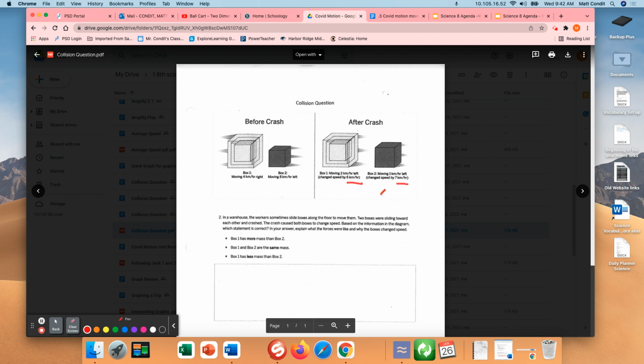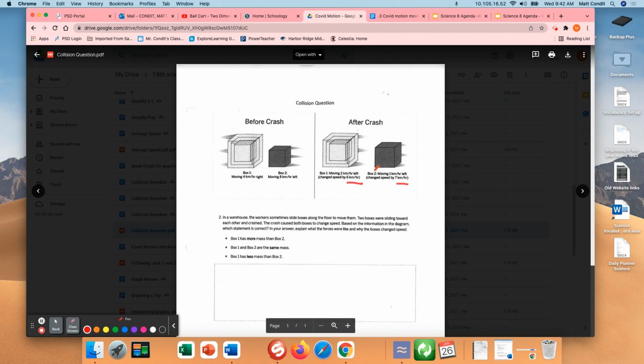Well, think in Amplify. Anytime you hit two objects with the same number of clicks, meaning the same force, which Newton's third law tells us both these boxes got the same force. Well, in Amplify, if you hit two objects with the same force, the less massive one has a greater acceleration. That's all we really need to know on this one.